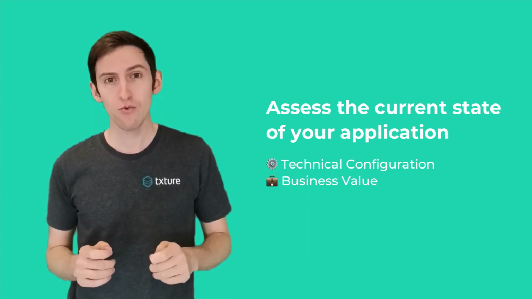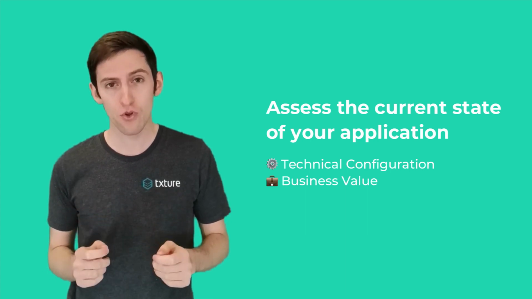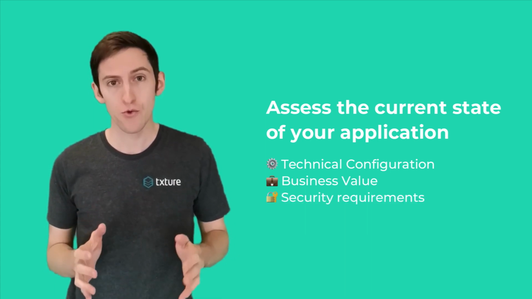And finally, you must also identify the potential security or compliance requirements for this application. All this information will be valuable when making your decision about your cloud target architecture because it will help you make sure that the application, once in the cloud, will remain efficient, not only from a technical perspective, but also from a business and security standpoint.